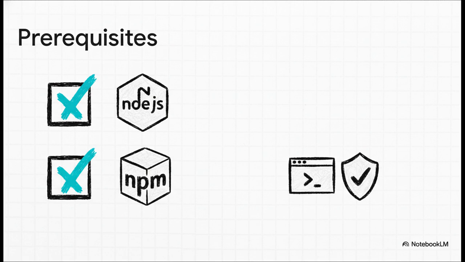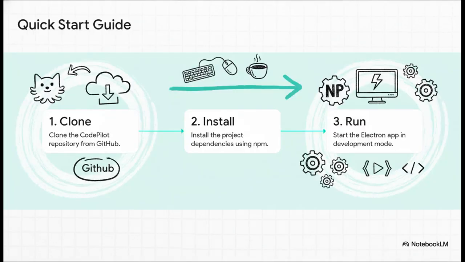CodePilot actually uses this official tool from Anthropic to talk to the AI, so it has to be authenticated and ready to rock. Once you have those prerequisites sorted, it's the classic three-step dance that pretty much any developer will recognize. You just clone the repo from GitHub, pop into the directory and install the dependencies, and then run the development script. That's literally it. The Electron app will fire up and you're ready to go.